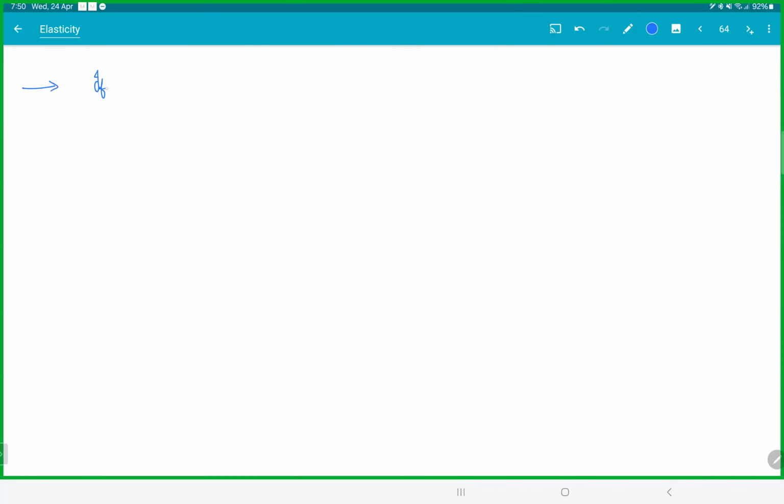If volume is constant, I'll write down here, sigma will be 0.5. Let's see how we got this.